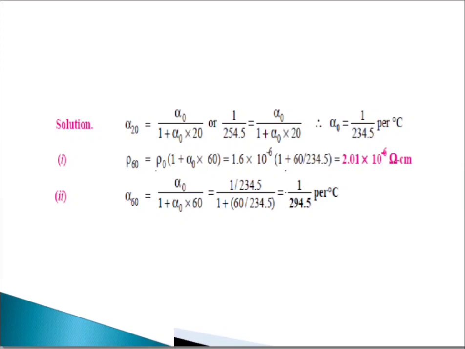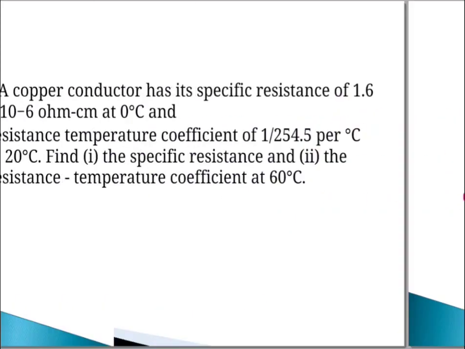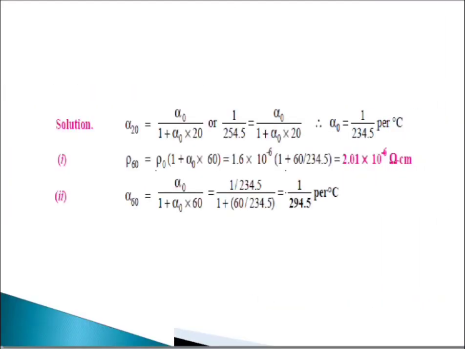Then we have to find the specific resistance at 60 degree Celsius. The formula is: specific resistivity at 60 degree Celsius is equal to specific resistance at 0 degree Celsius plus temperature coefficient at 0 degree Celsius into temperature T. Here put the value of rho 0, the resistivity at 0 degree Celsius, which is 1.6 × 10^-6.